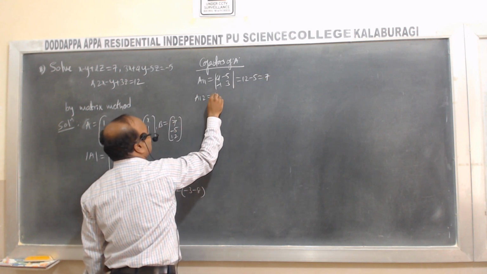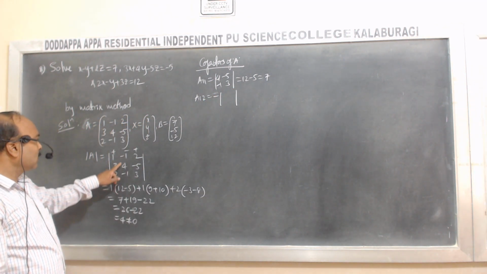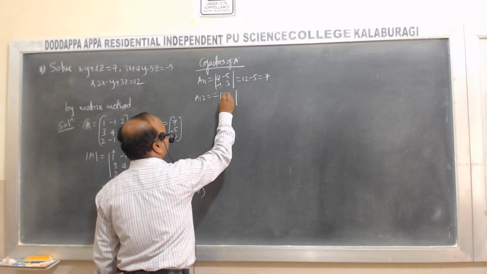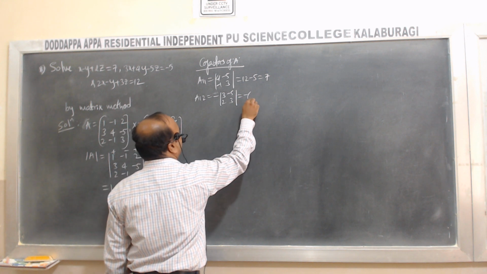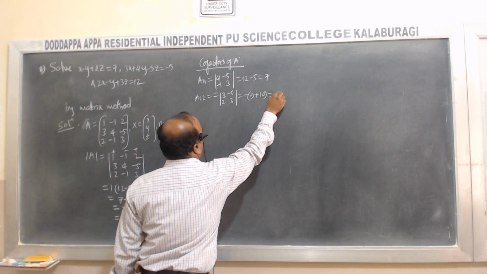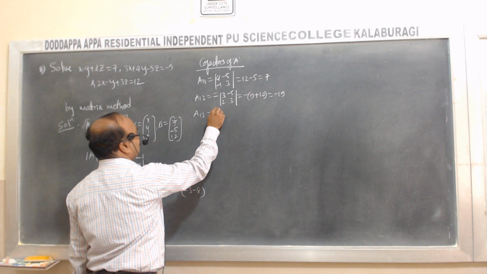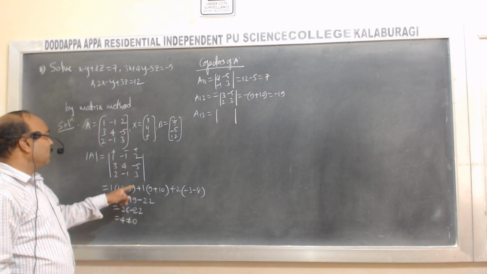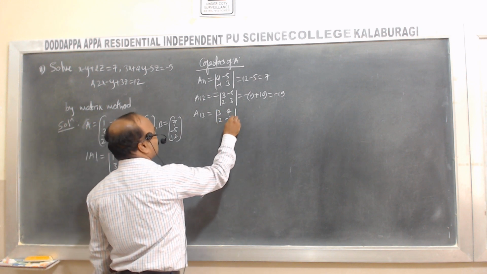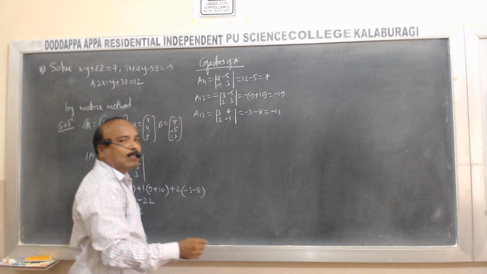Next A12 is minus of determinant, because it is odd, deleting this row and this column, 3 minus 5, 2 3. So it is minus of 9 plus 10, it is minus 19. A13, deleting this row and this column, we get 3 4, 2 minus 1. So we get minus 3 minus 8, it is minus 11.